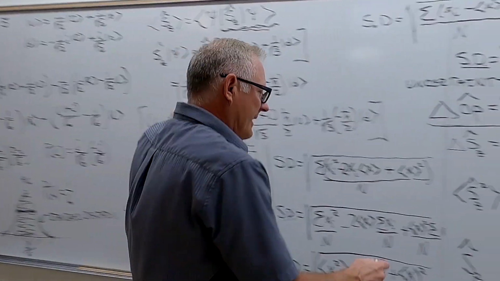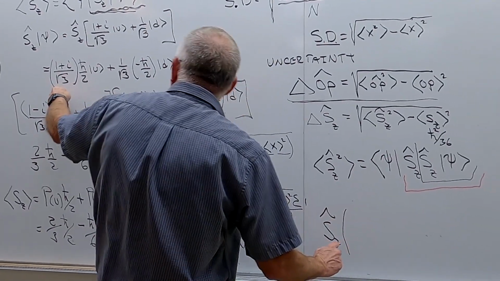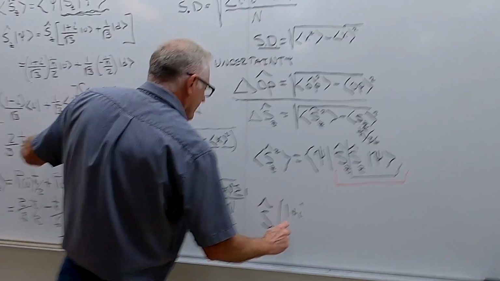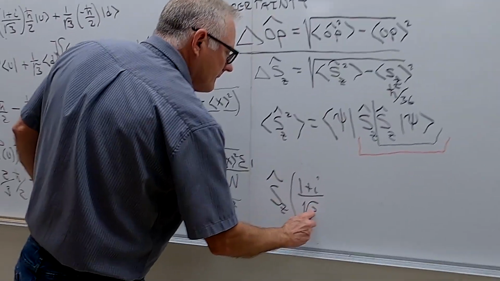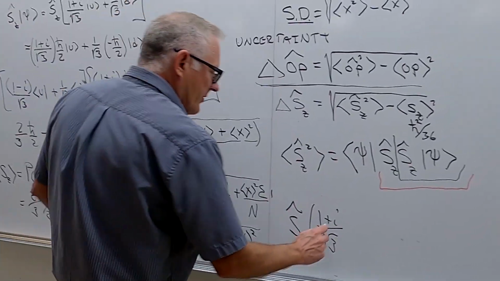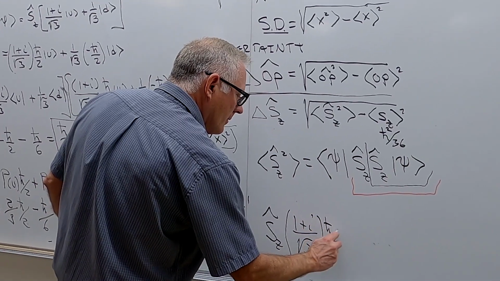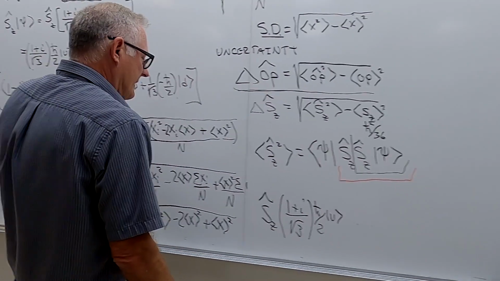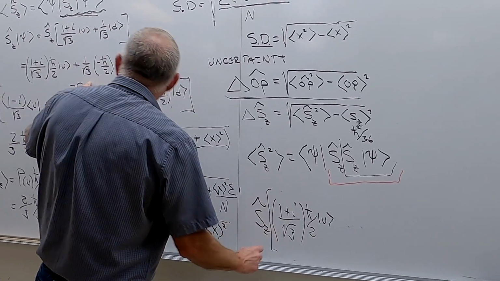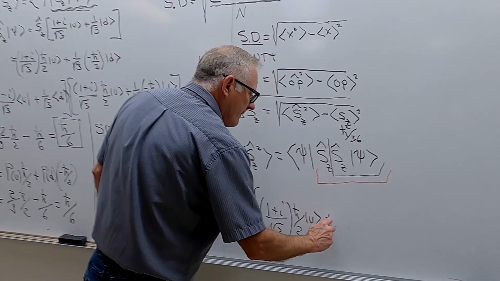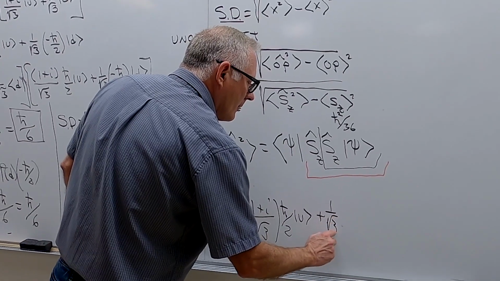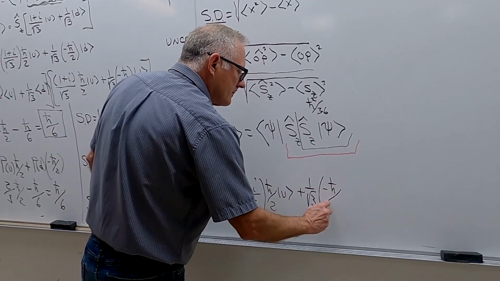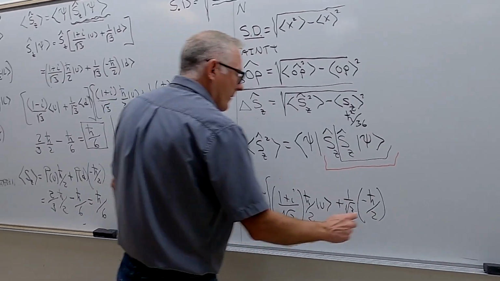So let me put that in. That would be 1 plus i, all over the square root of 3, h bar over 2, up, plus 1 over the square root of 3, minus h bar over 2, down.